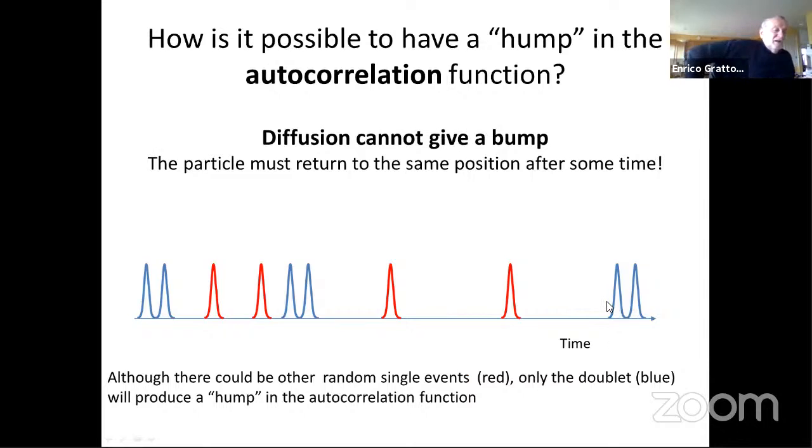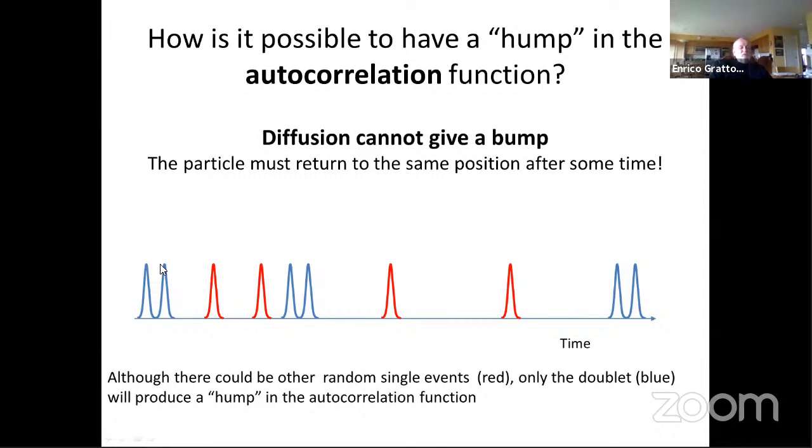So the idea is that a molecule is there, disappears and returns there, and then something can happen in the middle, appears and disappears, appears and disappears, and this is the process that we're measuring. And although it's random, it's not periodic in the total period, which does not exist, but it has a period between one position and the return to the same position. And this is very, very important.